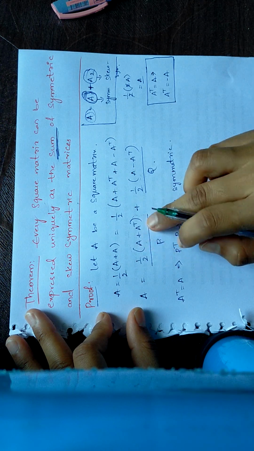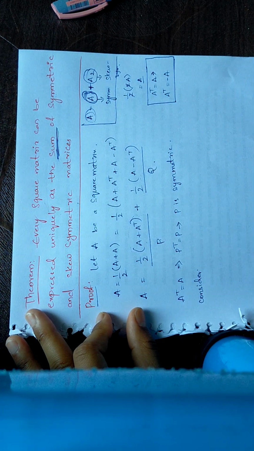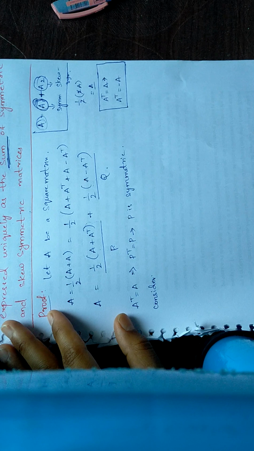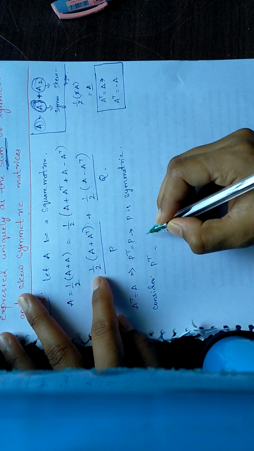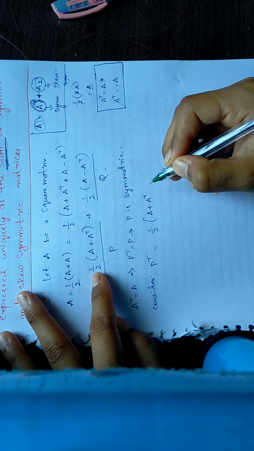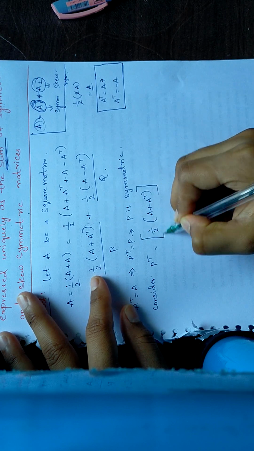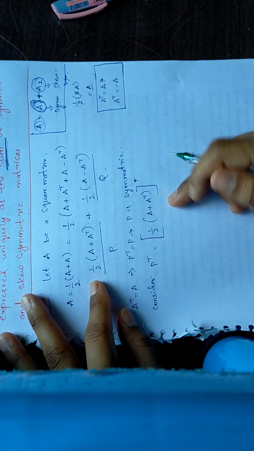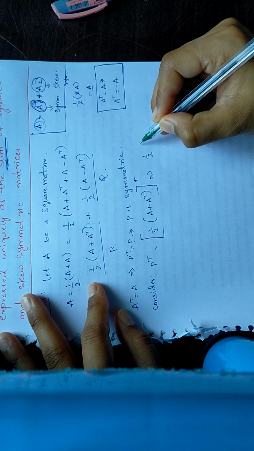Now I am considering P transpose, that means the transpose of 1 by 2 (A plus A transpose), because we are finding P transpose now. Now I'll take this 1 by 2 outside.